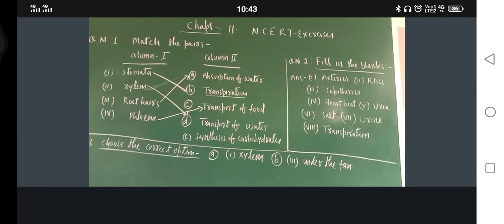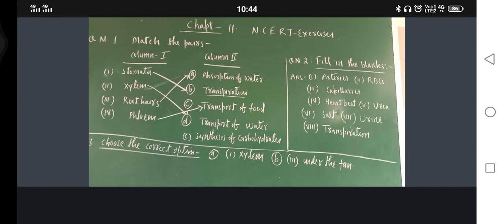The answer is the third one, under the fan. So the correct options are xylem and under the fan. The answer of A is xylem, and the answer of B is third.